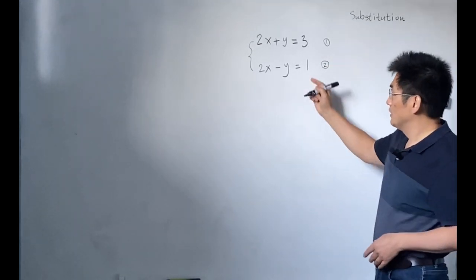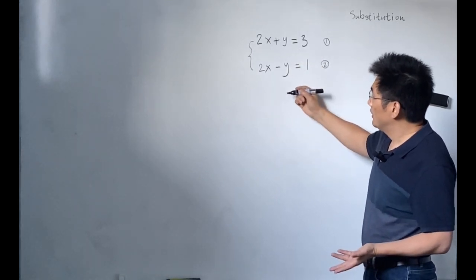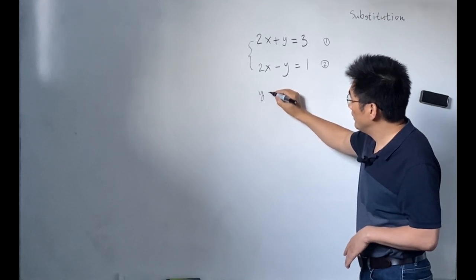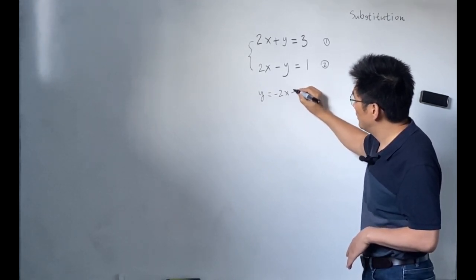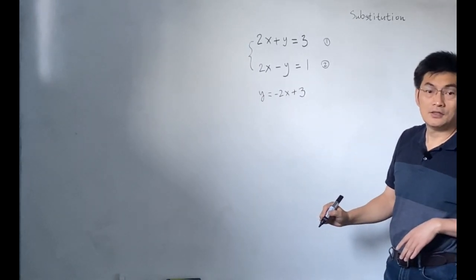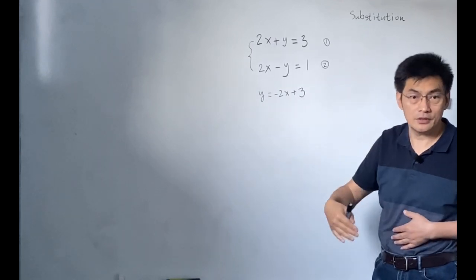Okay, so with this one, well, I can rewrite it as y equals negative 2x plus 3. Right? We learn how to do that when you solve linear equations.